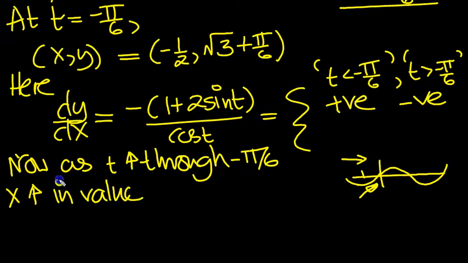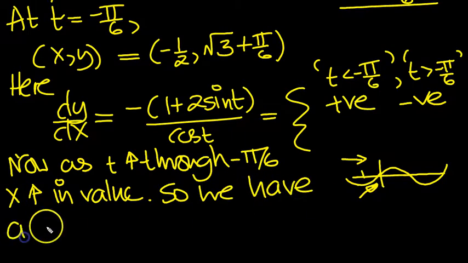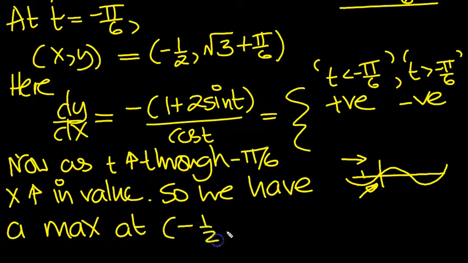So that's good. So we can read this off in the correct orientation. So it goes from positive on the left to a negative on the right. So we have a maximum. So we have a max turning point at, and the point was minus a half, and then it's root 3 plus pi over 6.